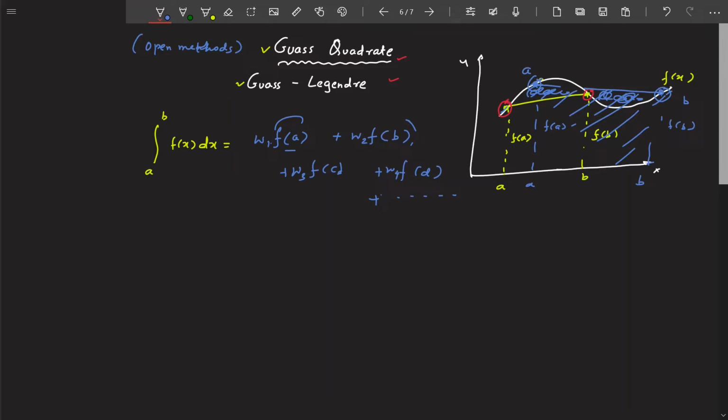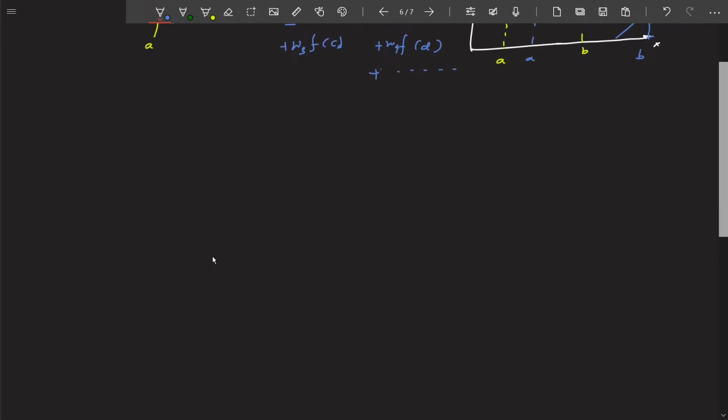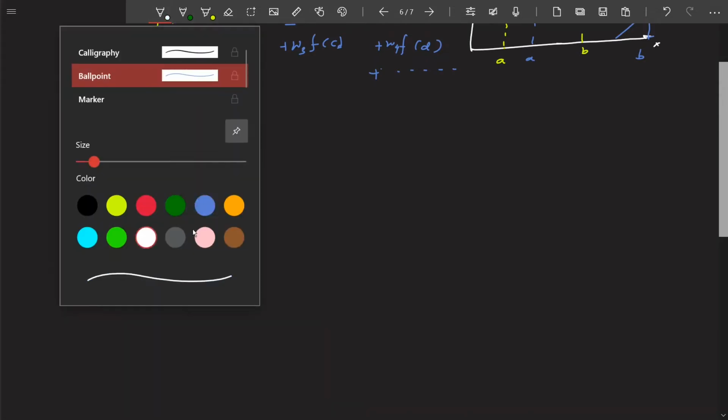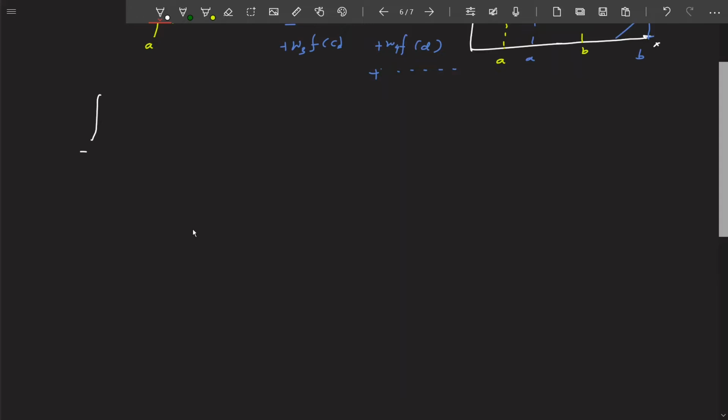This was just an explanation, but when we talk about the actual formula of Gauss Quadrature, the formula is: integral from -1 to 1 of f(x) dx is equal to c0 f(x0), sorry, c1 f(x1), c2 f(x2), and so on. It is up to you how many points you select.